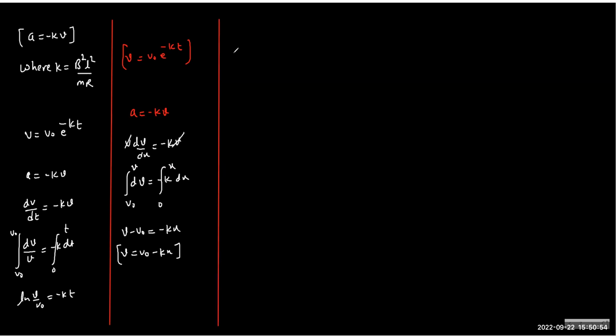And because of this relation, we can also say what is the maximum displacement possible when the rod will come to rest. The maximum displacement of slider. So for maximum displacement of slider bar, it is when V becomes 0, when you come to rest.